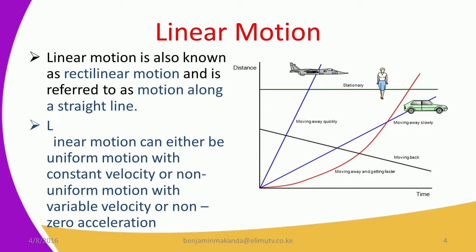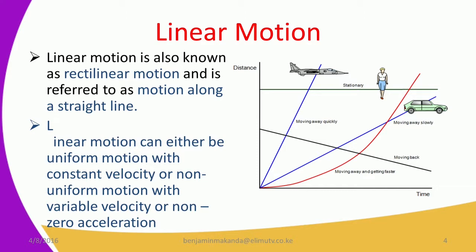Now, the red arrow shows that the speed of the object is low and then it accelerates or moves at a higher speed with the time. Then the other black lines there, we have a stationary object because the line is horizontal to the vertical axis, showing that this object is not moving.